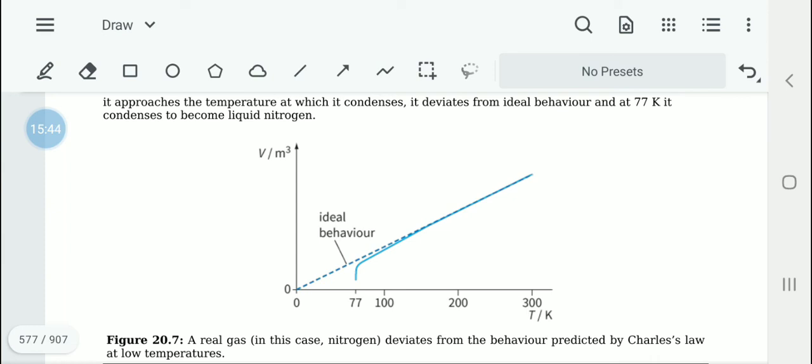However, beyond that point, it starts to curve, and by 77 Kelvin, it will condense and become a liquid.